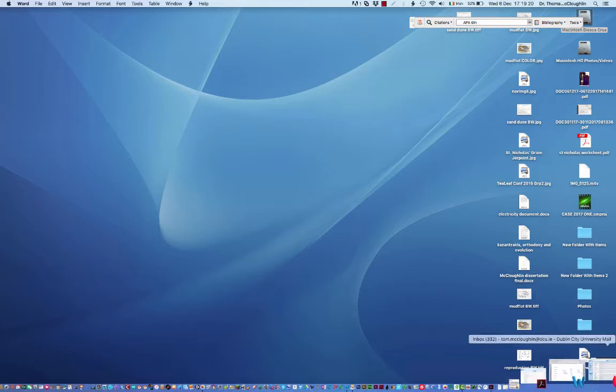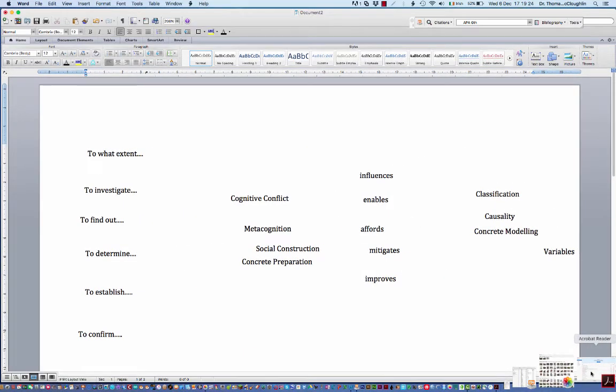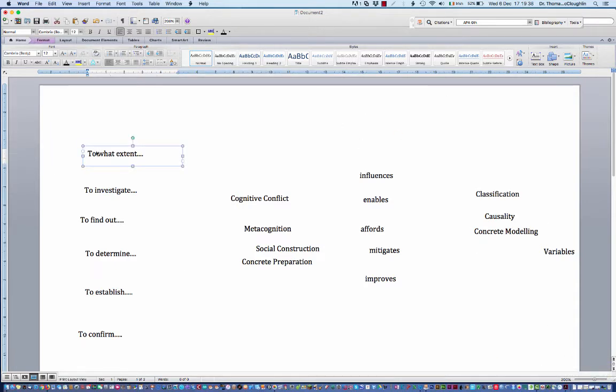Let's have a look at how this would work in practice. So here's a toolkit. Okay. And over here in this column we have the determinator.